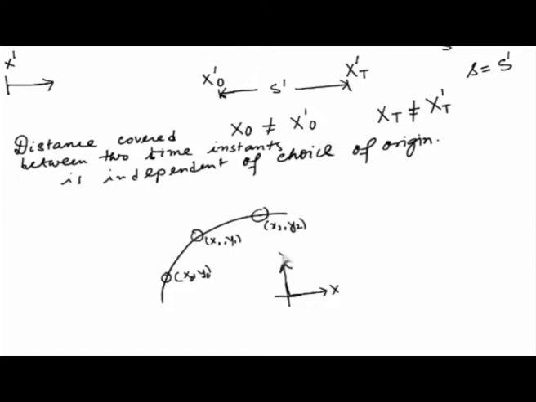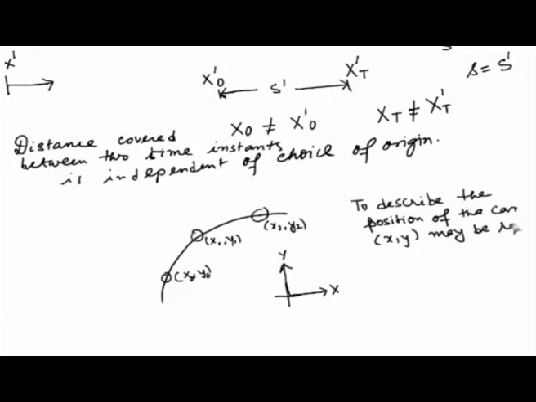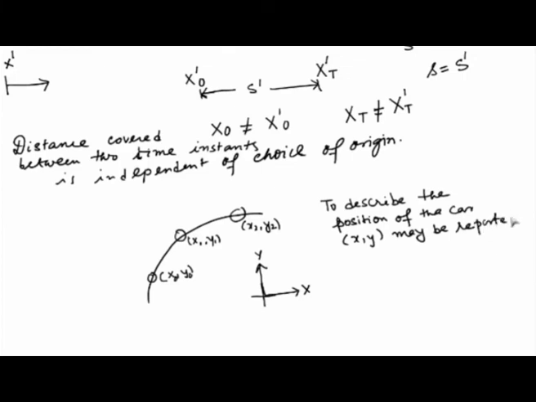This is the x and y coordinate system, and to describe the position of the car, x comma y may be reported for every time.